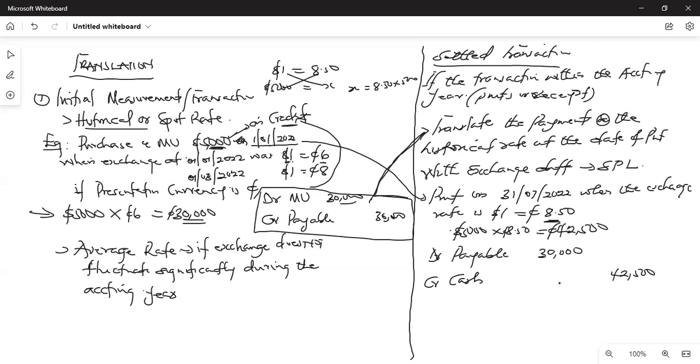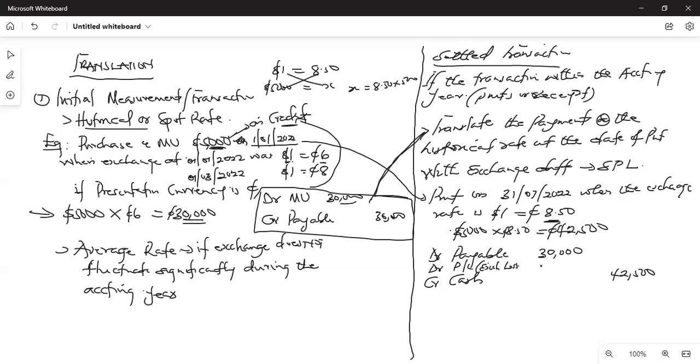You realize that there is a difference between this one and the 30,000. And that is what we are talking about. There's a difference of 12,500. And that is where we say you would debit again your P&L, all right? And you call this one what? Exchange loss.